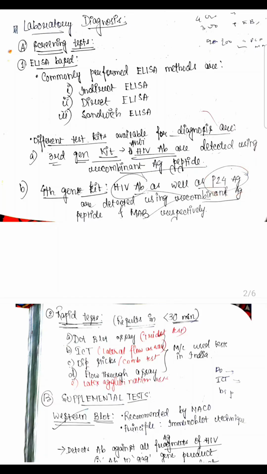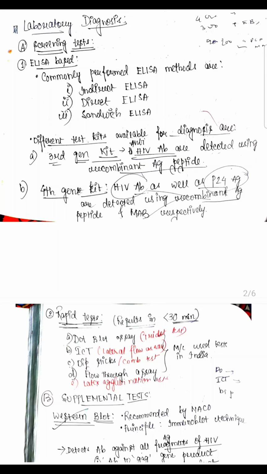So P24 antigen really holds an important value. The HIV antibody is detected by recombinant antigen peptide, and P24 antigen is detected by monoclonal antibody.